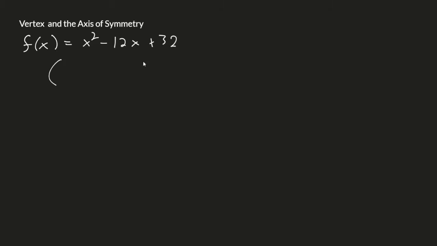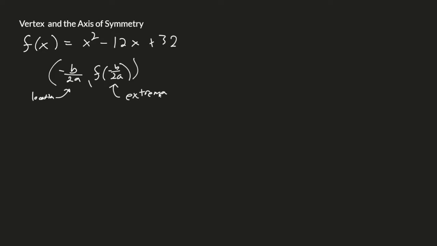It's given to us as the coordinate of negative b over 2a, and then that same point evaluated in our function, f of negative b over 2a. So we use this negative b over 2a to find the location of the vertex, and then we use this value here to determine what is the vertex, or what you can consider to be the height of your vertex, or the extrema.